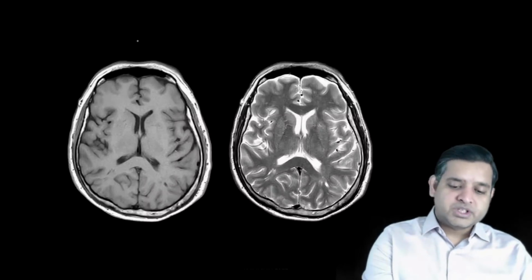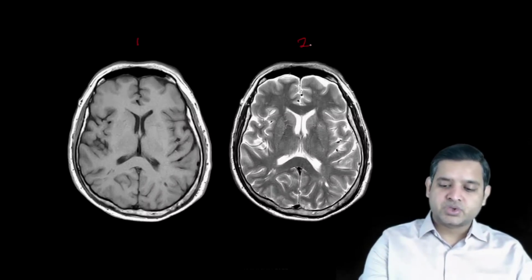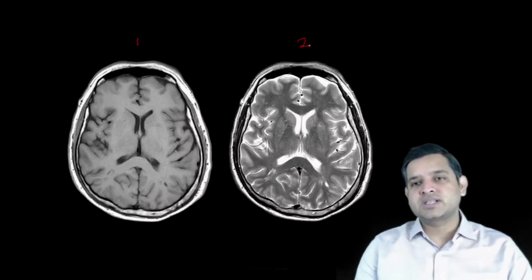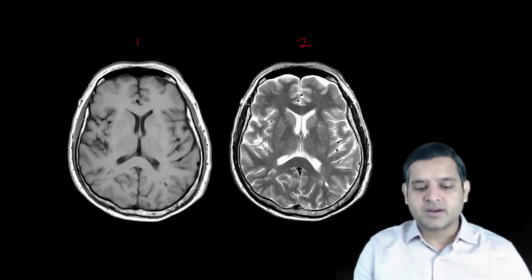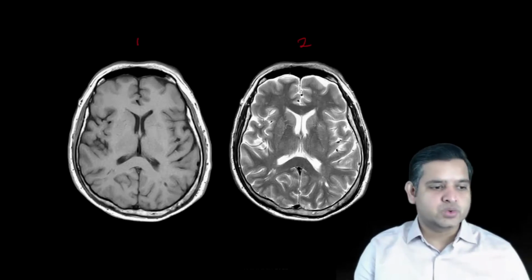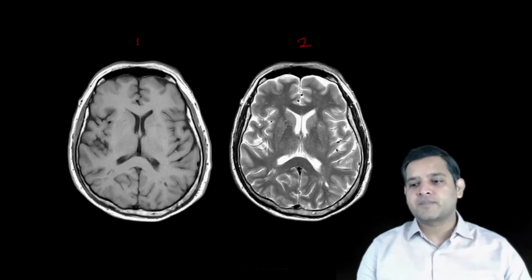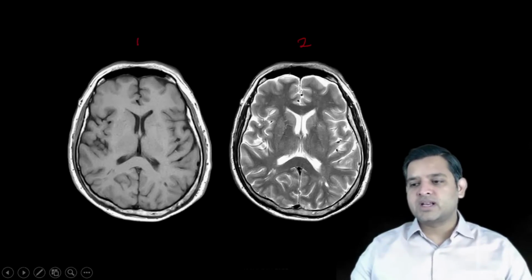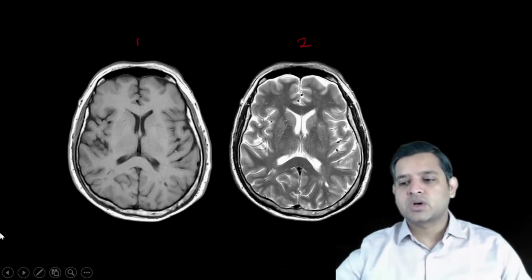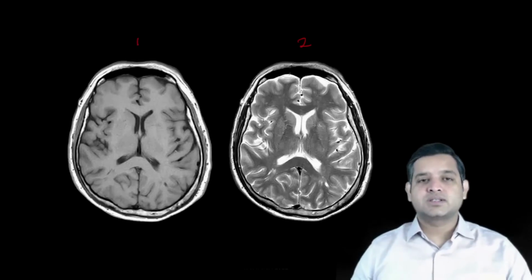Now there are two more images for you, image number 1 and image number 2. Can anybody tell me which one is a CT and which one is an MR? Which one do you think is CT and which one do you think is an MR? In both the images, is the cortical bone white or black?